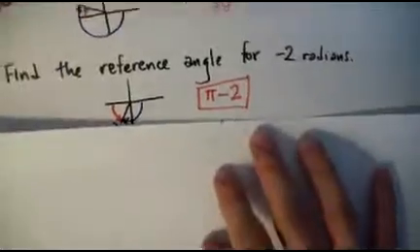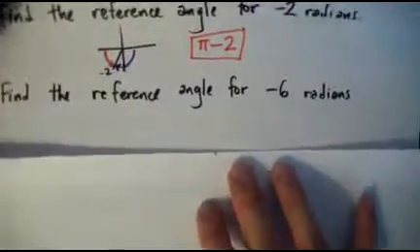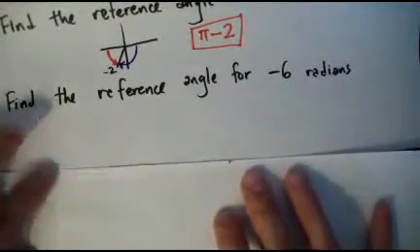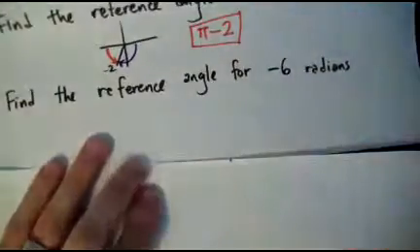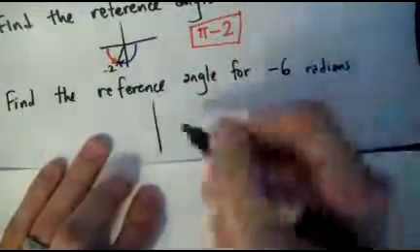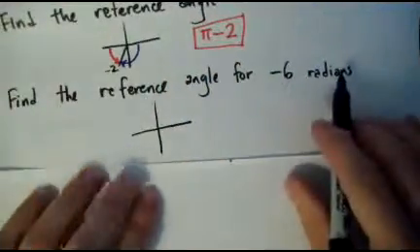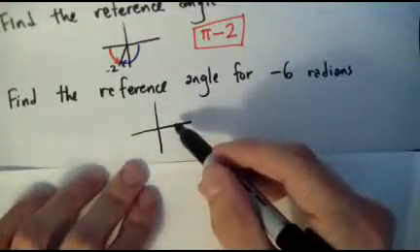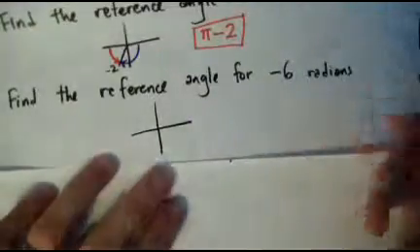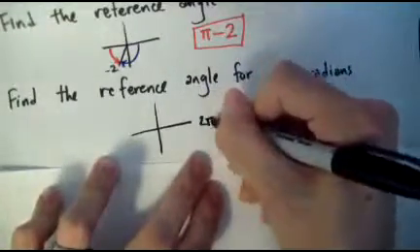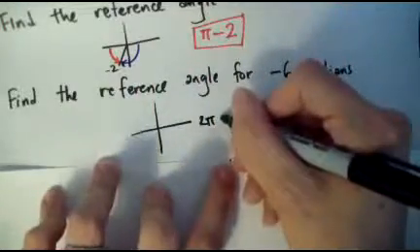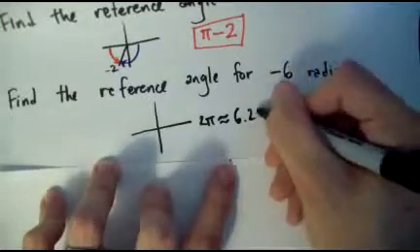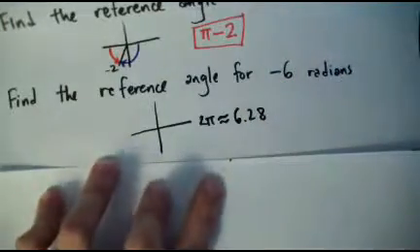All right, now finally, we want to find the reference angle for minus 6 radians. So let's think about what that looks like. Remember that if we went minus 2 pi, that would be all the way back to our starting point, but we went minus 6. So let's remind ourselves, 2 pi would be over here if we went all the way around, but 2 pi is roughly 6.28, 2 times 3.14.